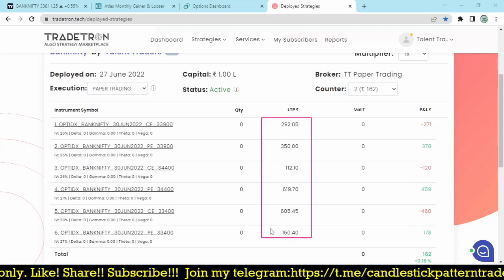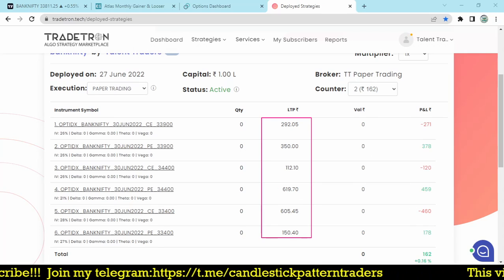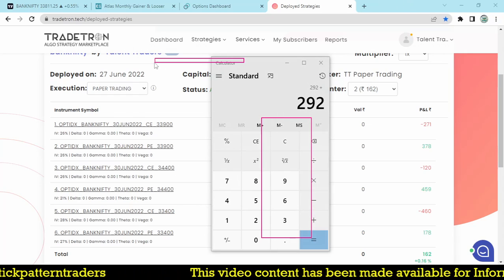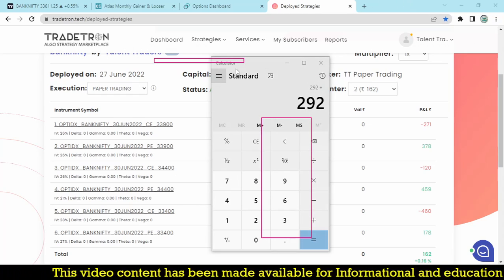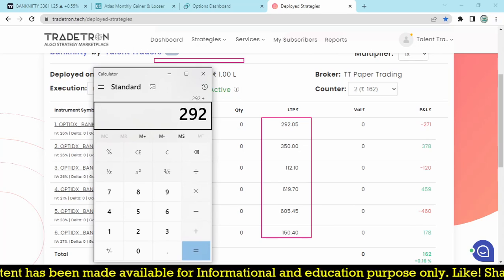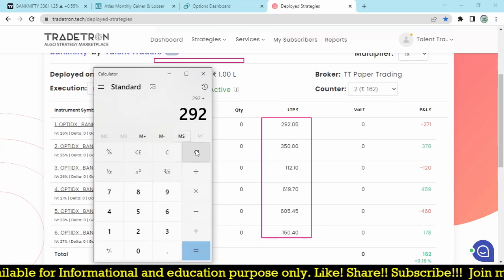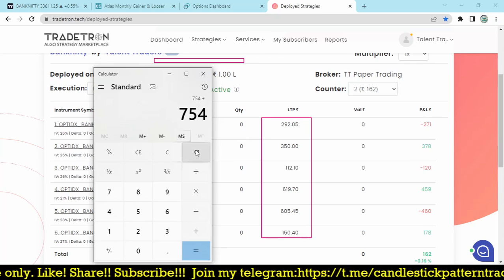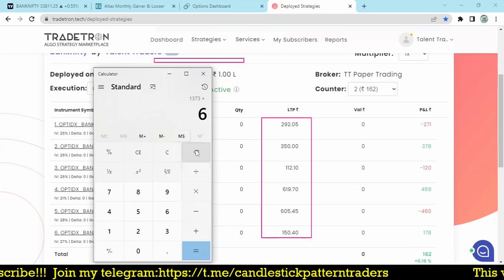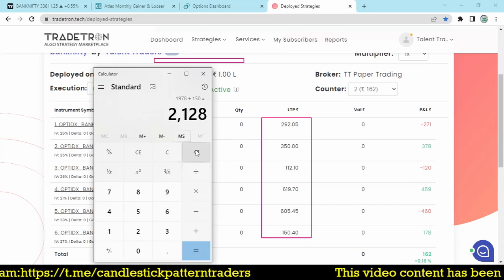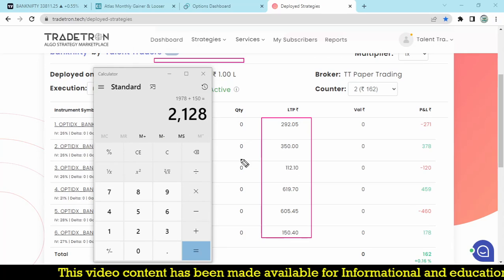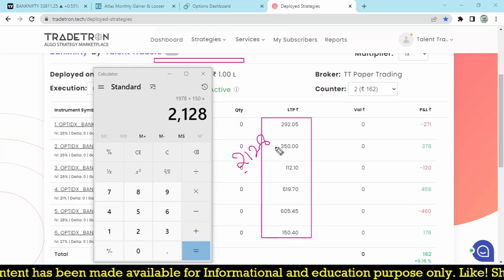And how much did we sell nearby? 292. Let me show you how you are going to understand those premium values. 292 plus 350 plus 112 plus 619 plus 605 plus 150, so almost 2128 is the total premium.